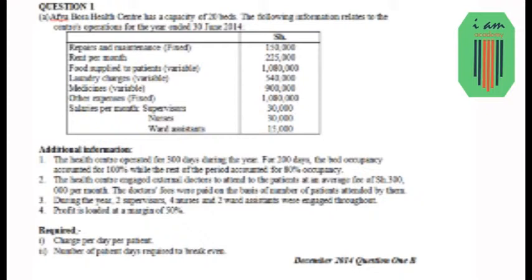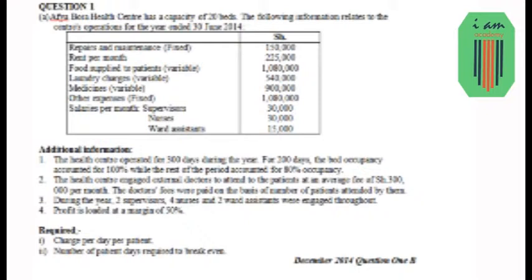The first item in the table is repairs and maintenance, which you are told is a fixed cost, amounted to 150,000. Rent per month amounted to 225,000. Food supplied to patients, a variable cost, amounted to 1,080,000.